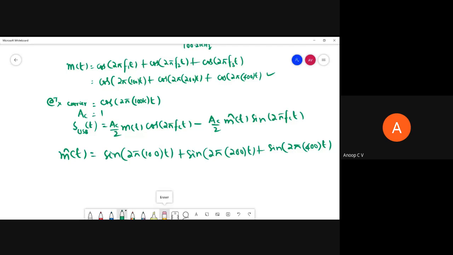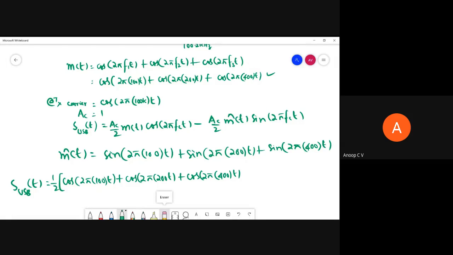Now I want you to substitute the value of m of t here. So S USB of t is equal to, Ac by 2 will be actually 1 by 2, and m of t will be cos 2 pi times 100t plus cos 2 pi times 200t plus cos 2 pi times 400t.